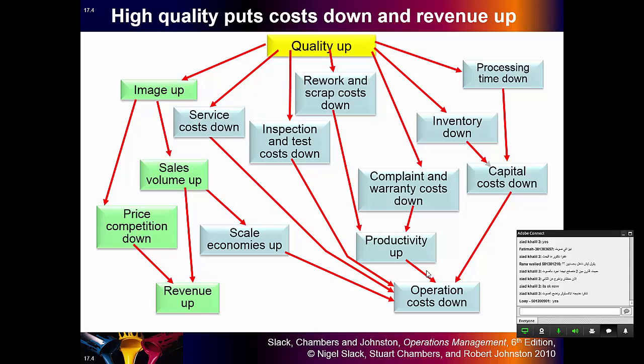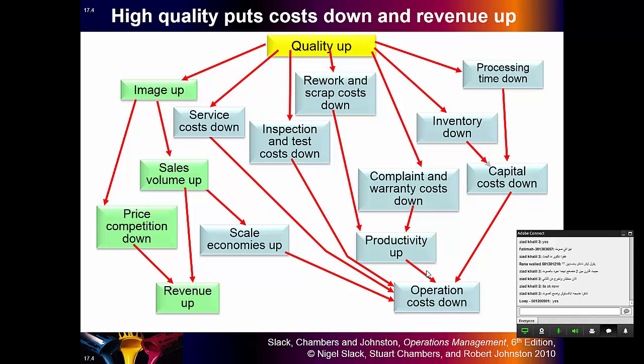Okay, and at the same time, when there is another competitor in the market that produces the same product that you are producing, then he cannot compete with you on price, because after all you have better quality than him. So this can increase your revenue.